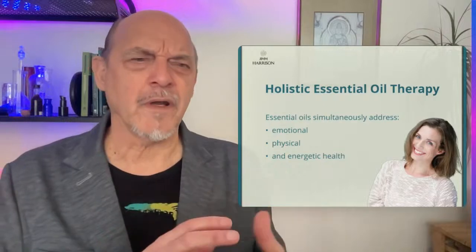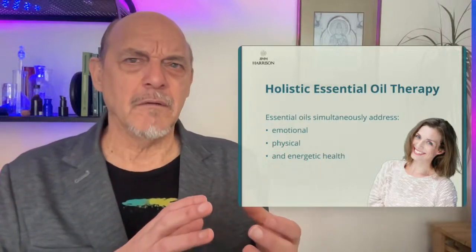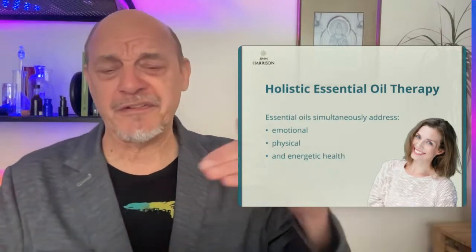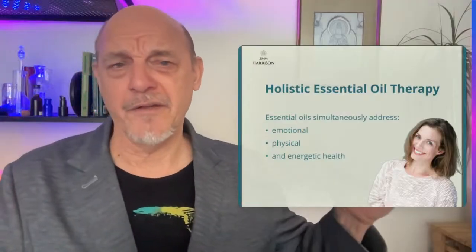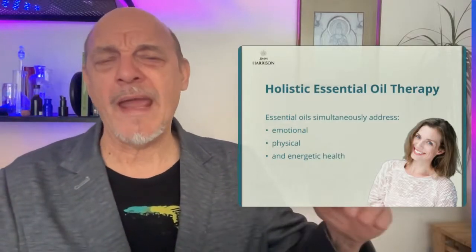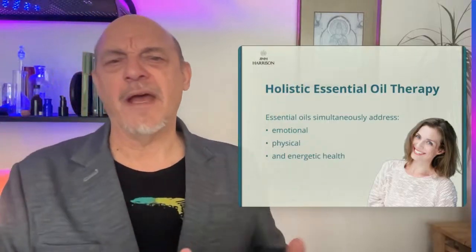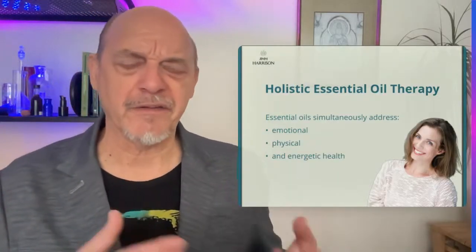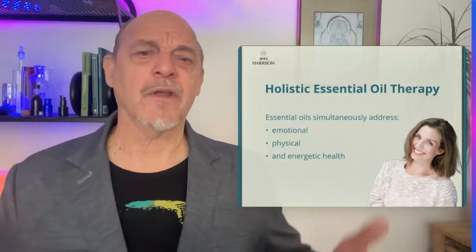In order to work on an energetic level, in some ways we have to get outside of traditional scientific methodology. So scientific studies can be limited in the way they understand energetic or metaphysical aspects to health, wellness, and working with essential oils.